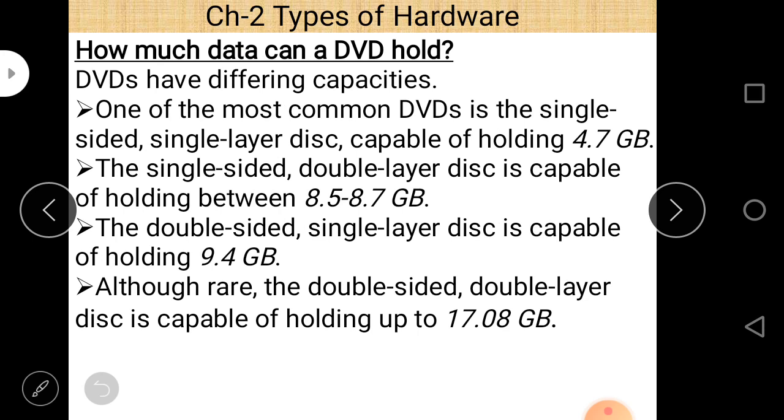The single-sided double layer disc is capable of holding between 8.5 and 8.7 GB. The double-sided single layer disc is capable of holding 9.4 GB, and the double-sided double layer disc is capable of holding up to 17.08 GB of data. So the range starts from 4.7 to 17.08 GB. The most common DVD contains 4.7 GB of data, which is single layer single sided, and most popular.